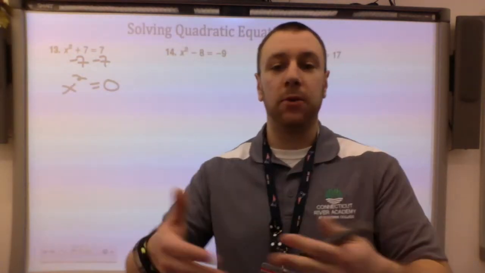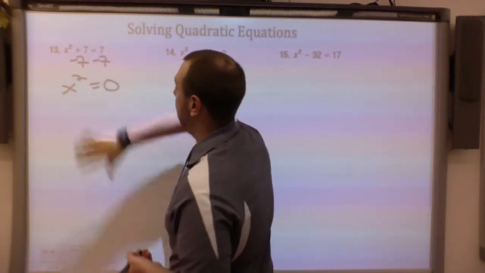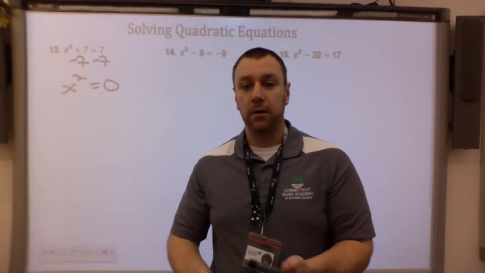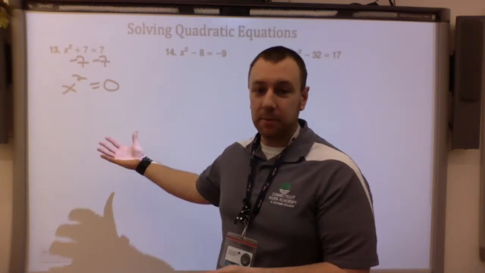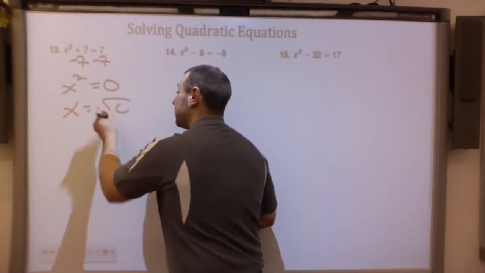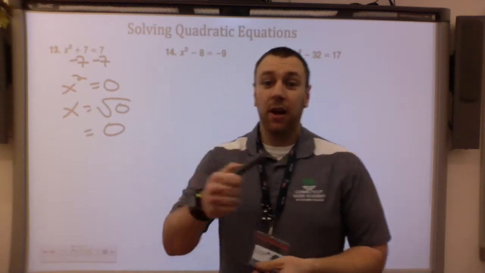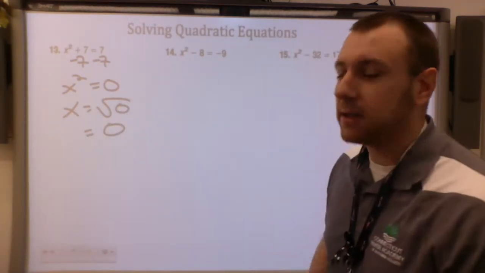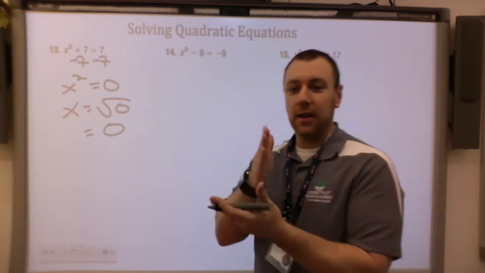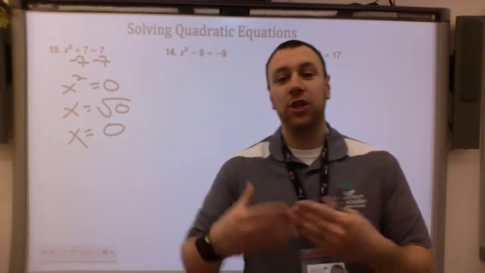Okay, something has to equal something. 0 can't be an answer. I must have done something wrong. 0 is a perfectly fine number. It's a number that's in math. We use it all the time. The square root of 0 is just 0. Now you might ask yourself, isn't there supposed to be a plus or minus? 0 is neither negative or positive. It's that middle number. So x just equals 0. It's just that one result.